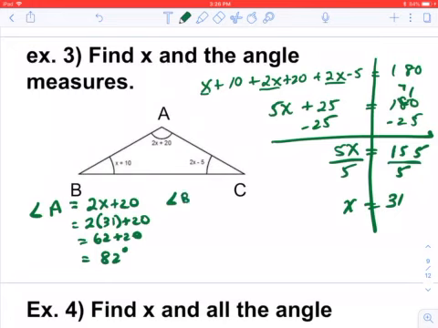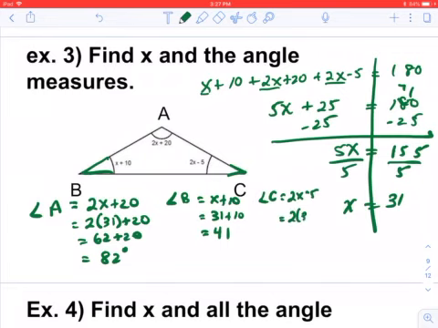Angle B is equal to x plus 10, so that's equal to 31 plus 10, so that's equal to 41. Angle C is equal to 2x minus 5, so that's equal to 2 times 31 minus 5, so that's equal to 62 minus 5, which is equal to 57 degrees.